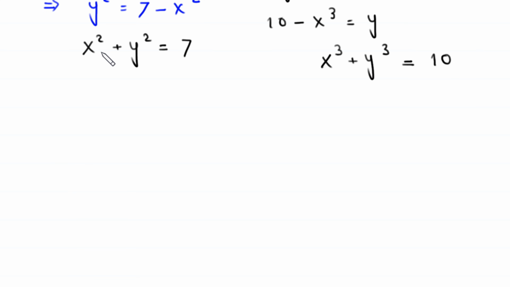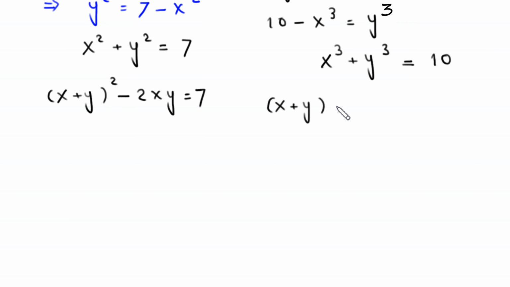Now we can rewrite this expression x squared plus y squared as (x plus y) whole squared minus 2xy equal to 7. And from this equation we can factorize x cubed plus y cubed as (x plus y) times (x squared plus y squared minus xy) equal to 10.